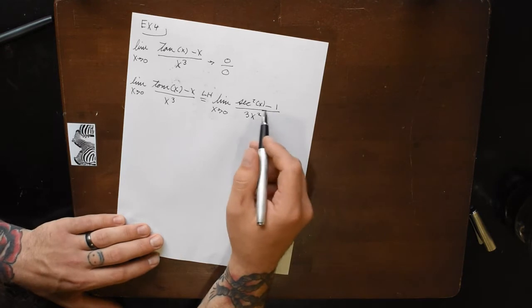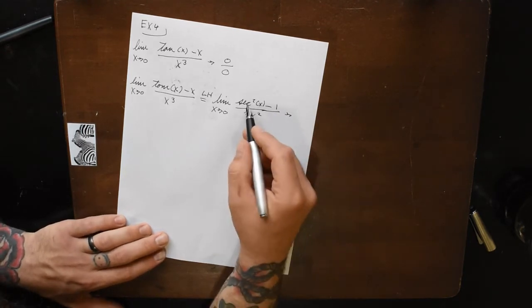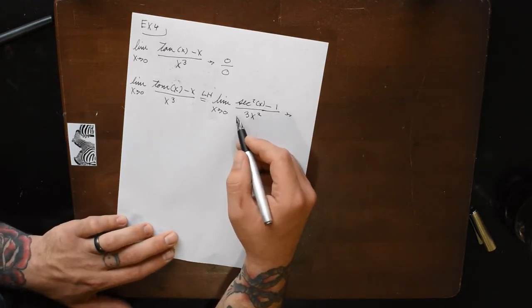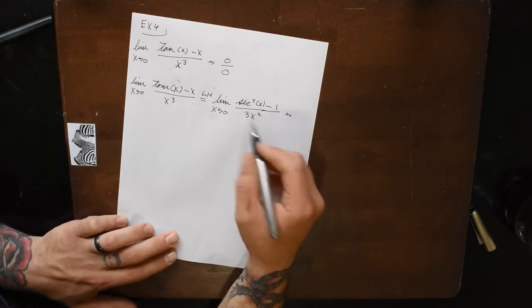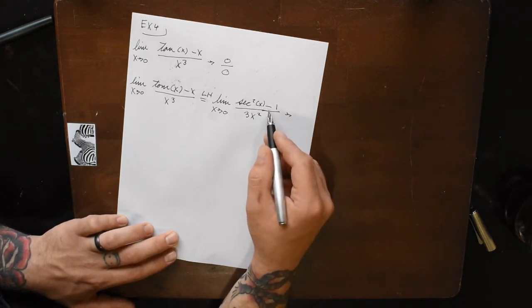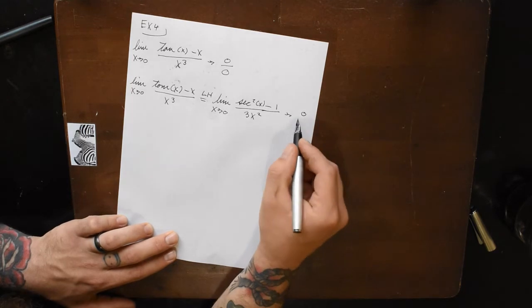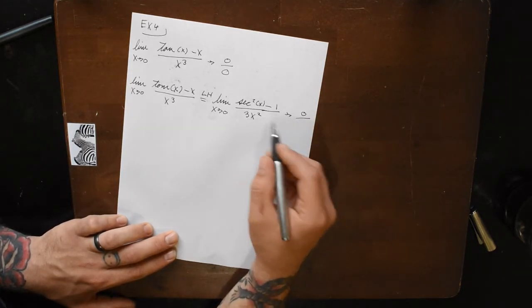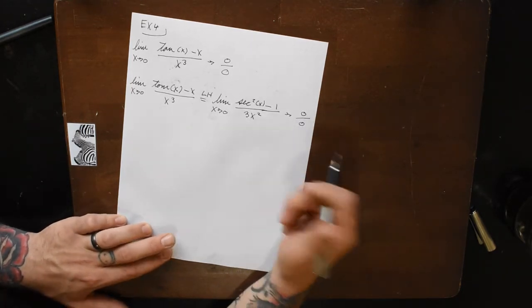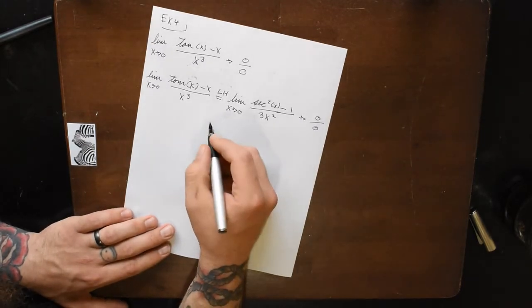And now, as x goes to 0, well, the secant of 0 is 1, so the secant squared of 0 is 1. Our numerator becomes 1 minus 1, which is 0, divided by 3 times 0 squared is also 0. Fine. We can apply L'Hopital's rule again.